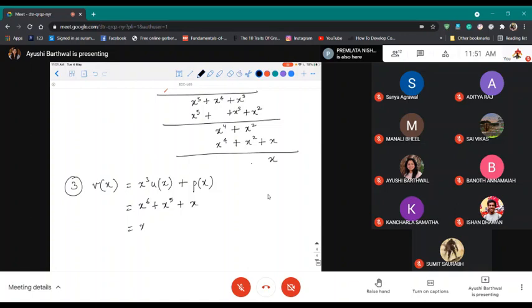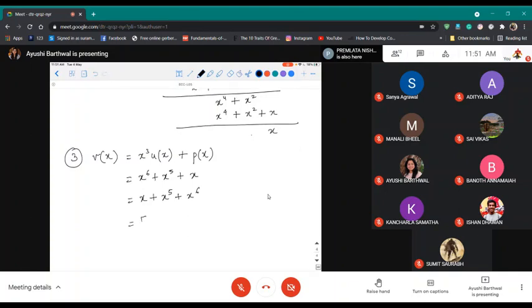Let's write it in reverse order. The code word would be: coefficient of the constant term 0, coefficient of x is 1, x square 0, x cube 0, x4 0, x5 1, and x6 1. So this is your final code word.